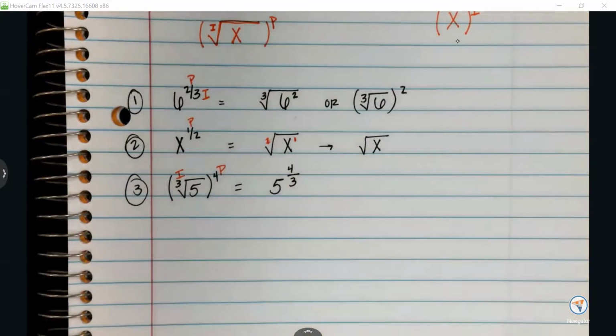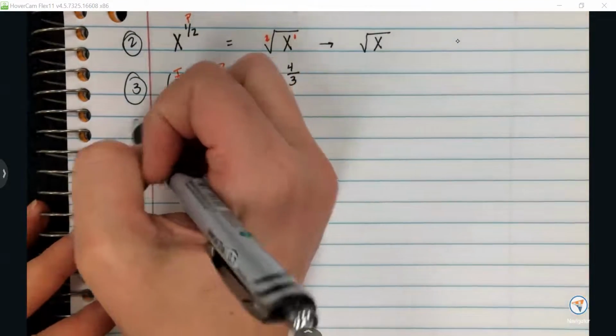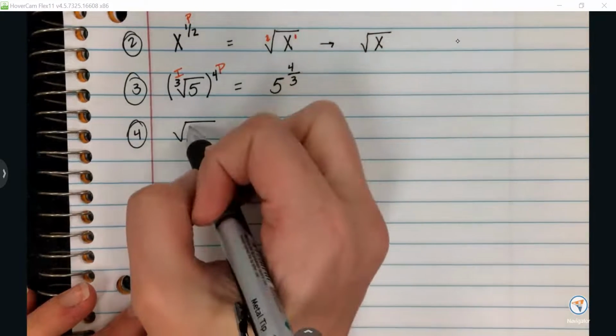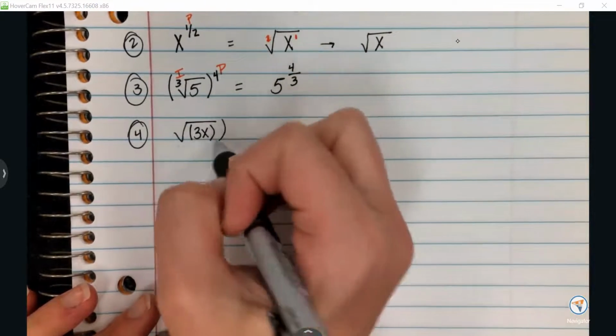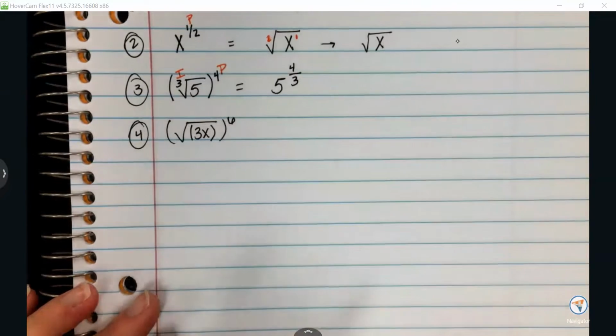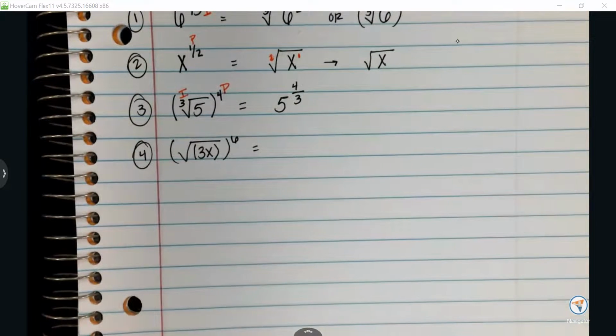Okay. We're going to do 2 more. Number 4 is going to say the square root of 3x to the power of 6. So here's the tricky part.